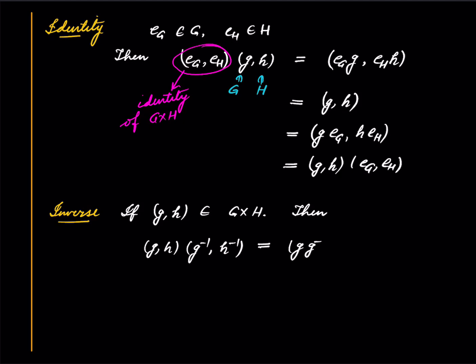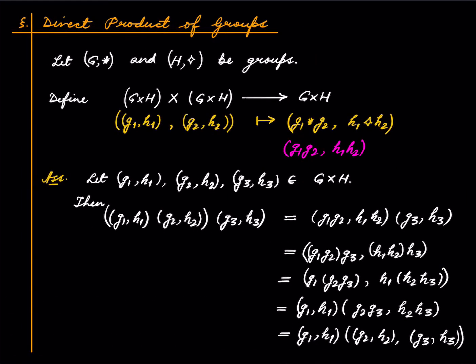That's clear because this is (identity of G, identity of H), and that is also the same as (G, H) times (G inverse, H inverse). So the inverse of every element exists, and therefore the conclusion is that G cross H is a group under this binary operation, and that's about it.